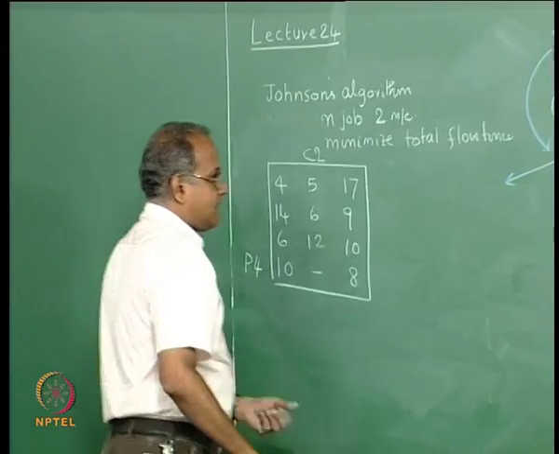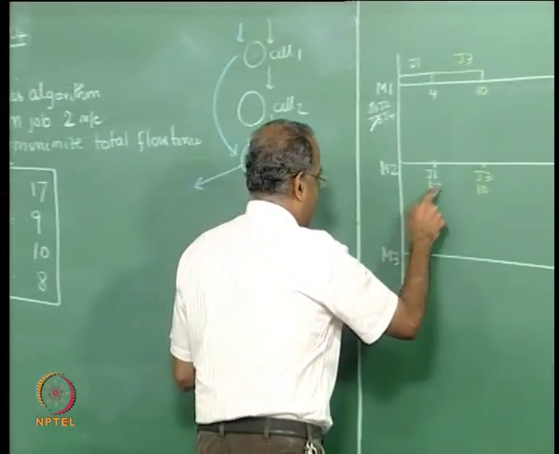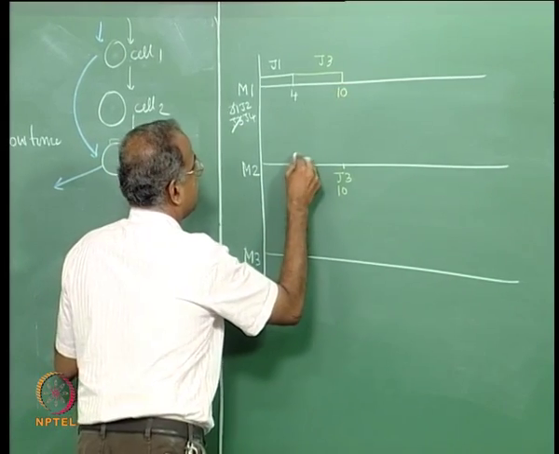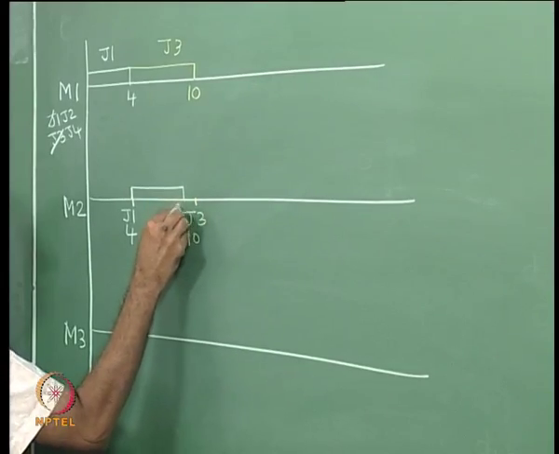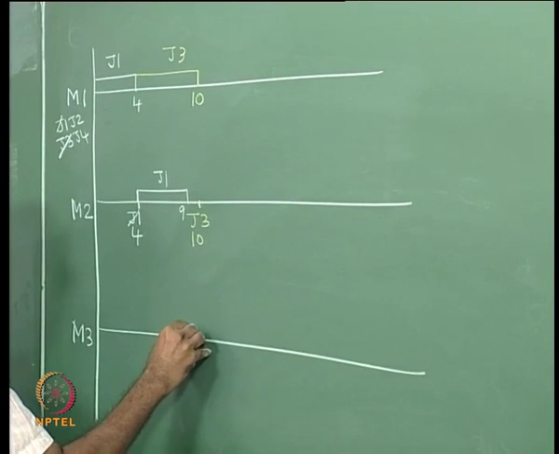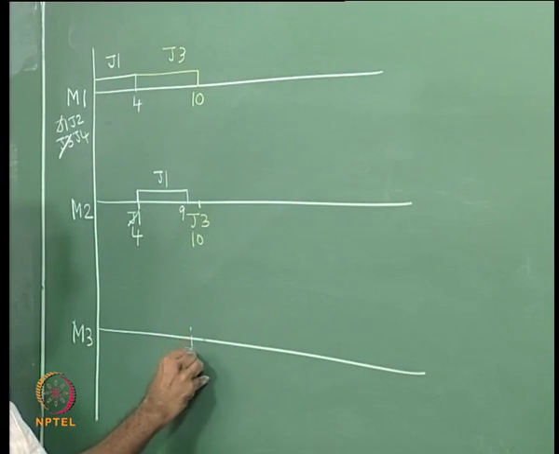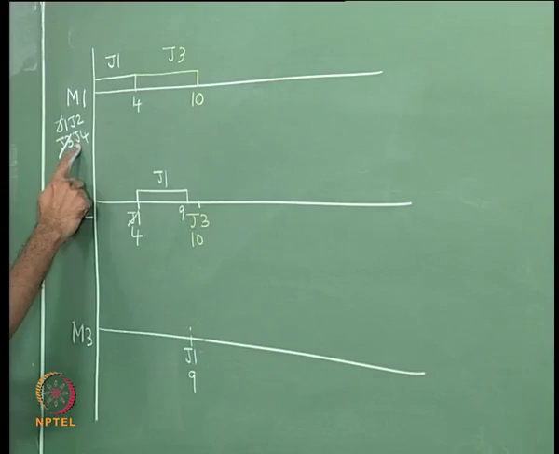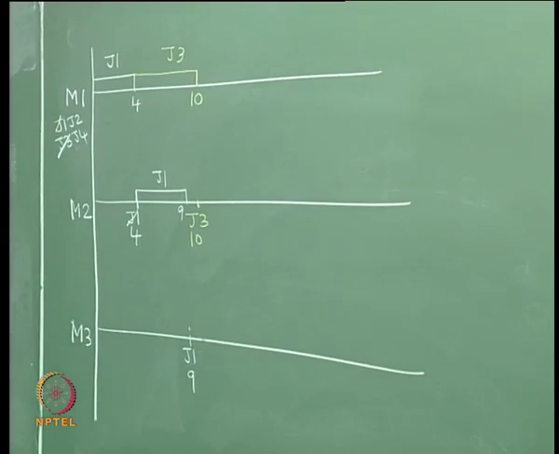Now, again at time equal to 4, J1 is here on M2. So, J1 takes another 5 units, J1 finishes at 9 and J1 moves to M3 at 9. Now, at time equal to 10, J2 and J4 are available, 14 and 10.